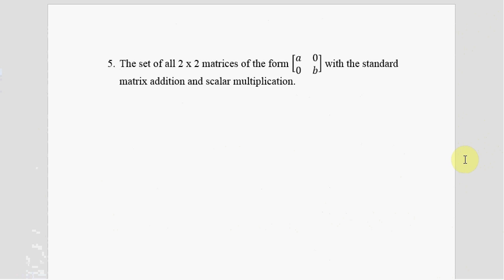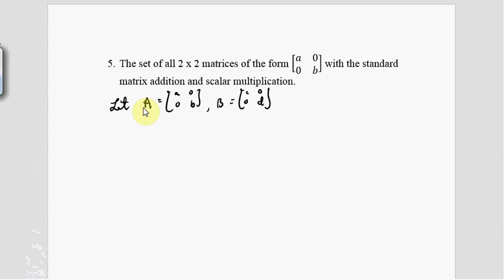If you have vectors of this form, so if you add them, would the resulting matrix be of that same form? Let's see. Let A equal [[a, 0], [0, b]]. Let the matrix B be [[c, 0], [0, d]].